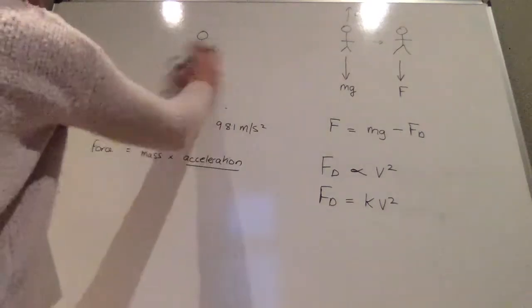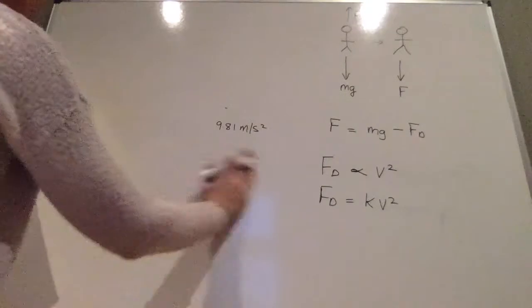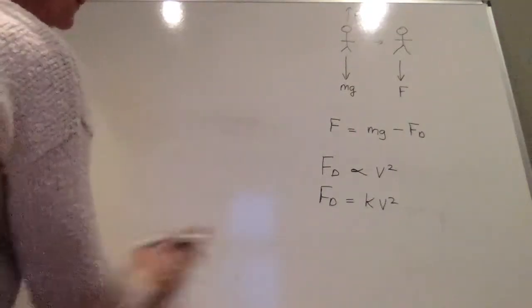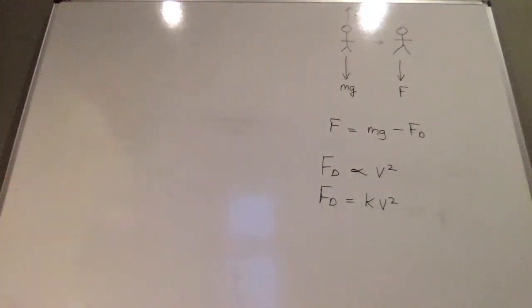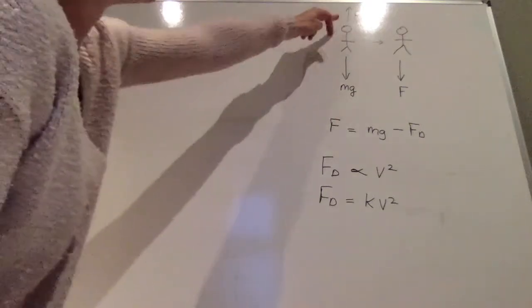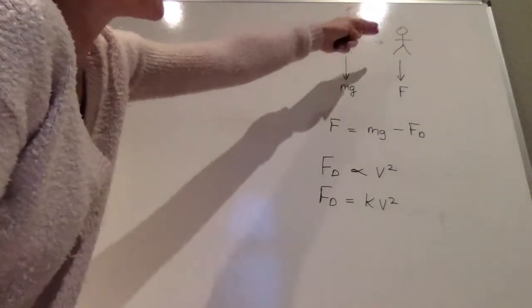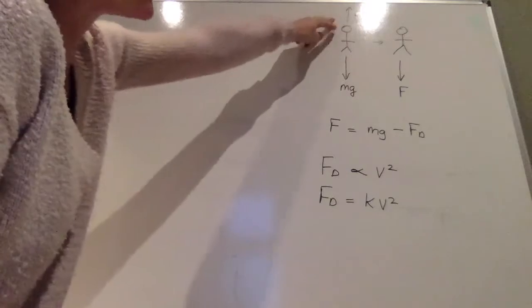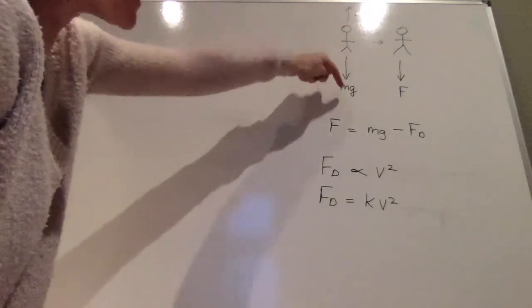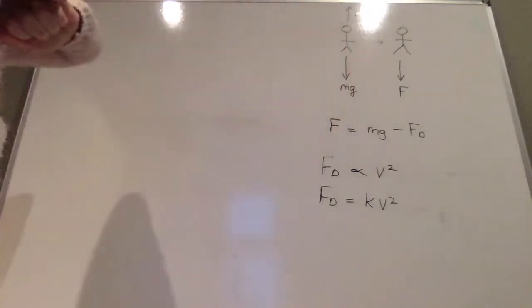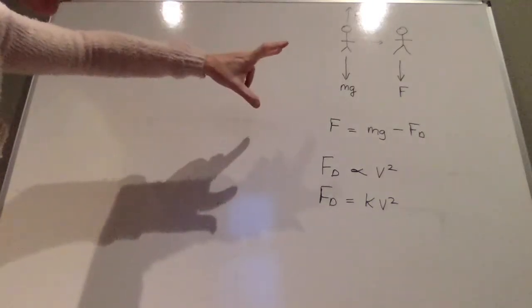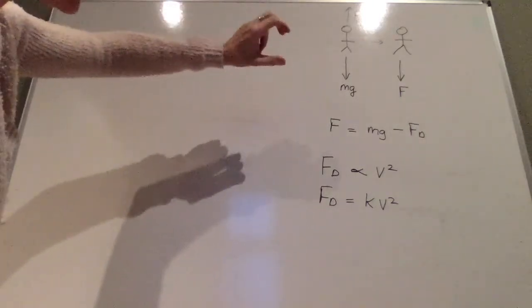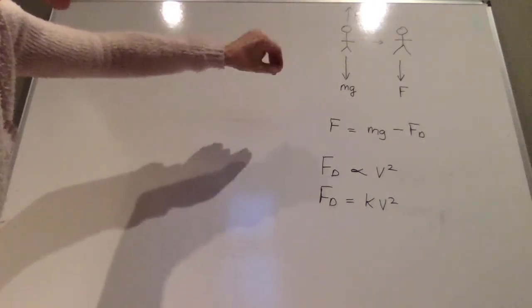Okay, so as the object falls, its velocity increases because initially there is no drag force and the object is falling. So if there's no drag force, it initially starts to accelerate at 9.81 meters per second squared. And acceleration, as everybody should remember, is the rate of change of velocity.